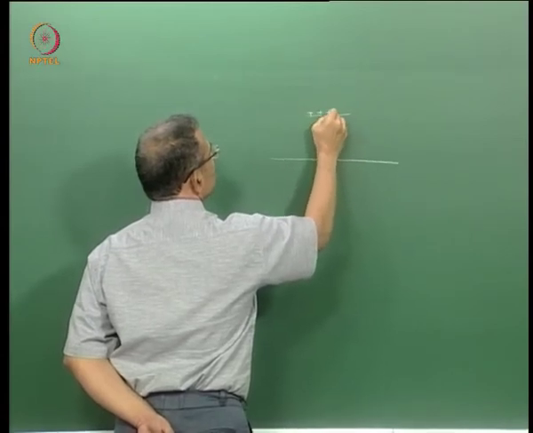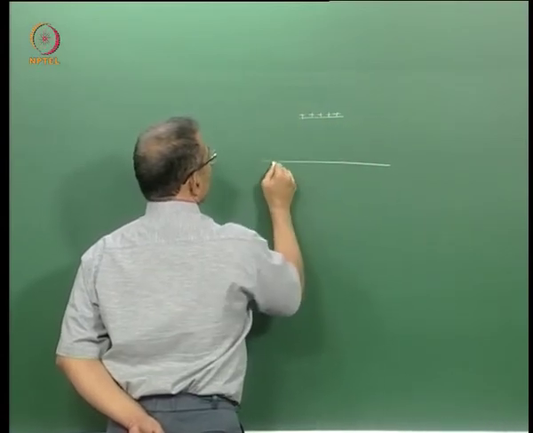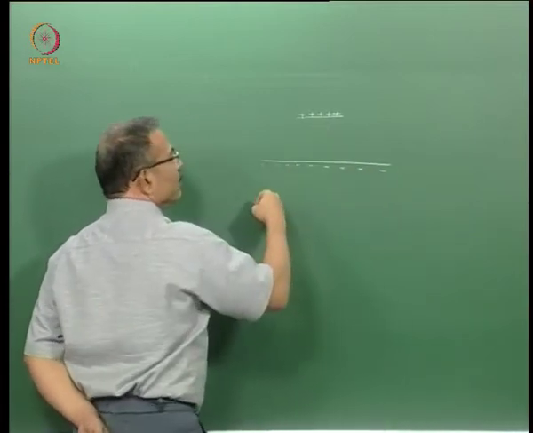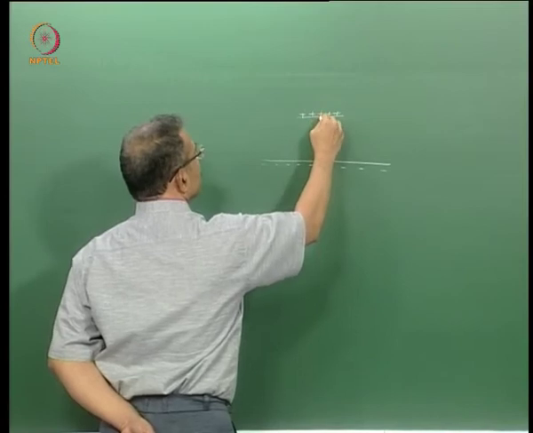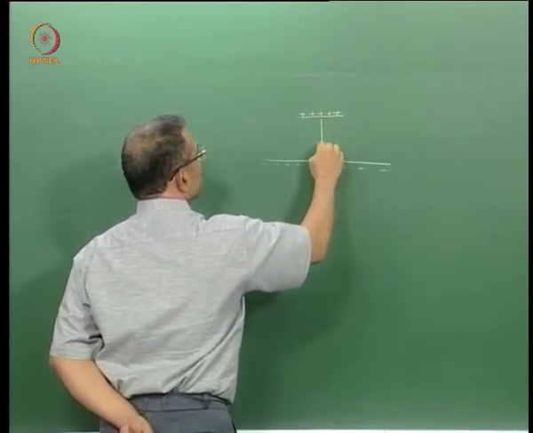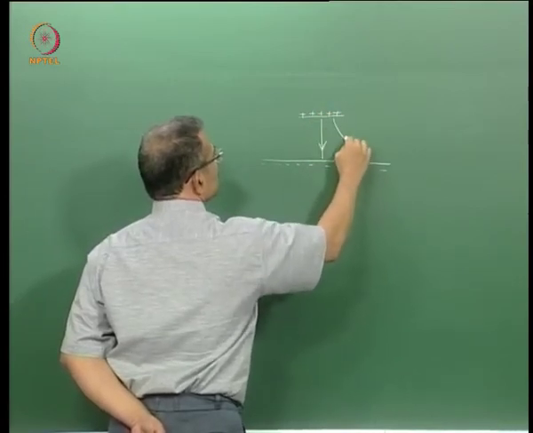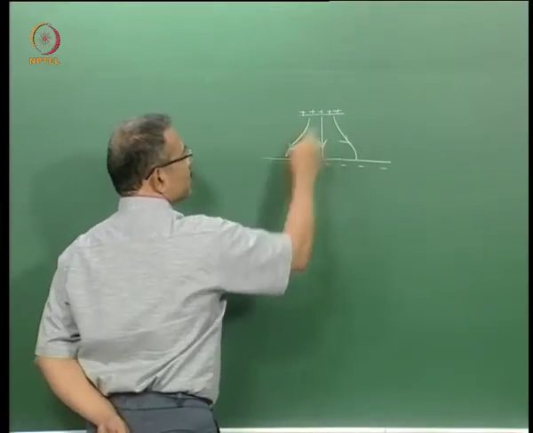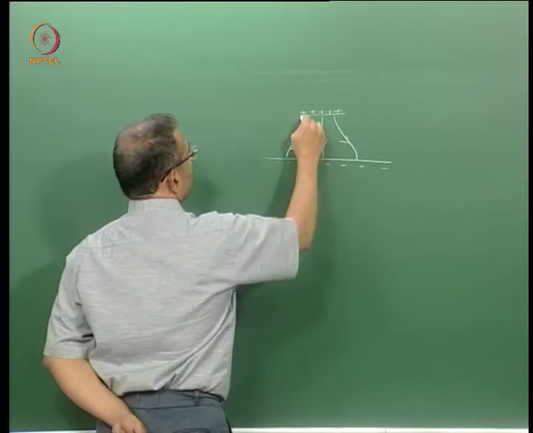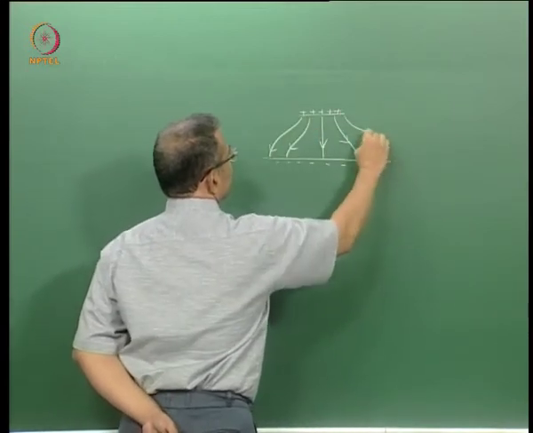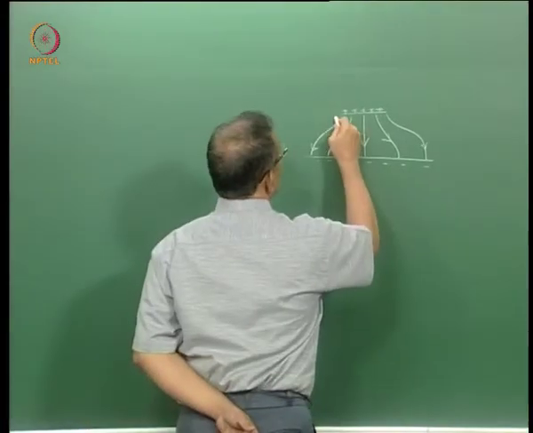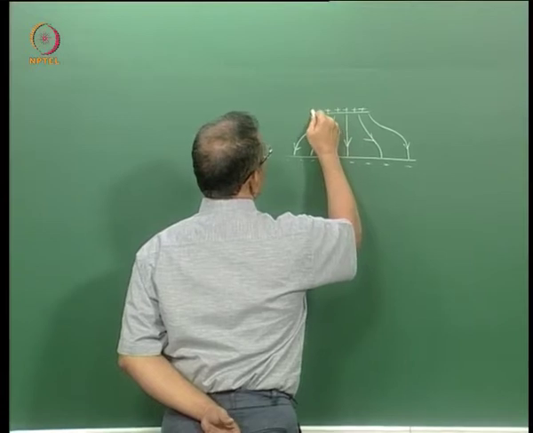So here you have positive charge and you have negative charge on this, and if you were asked to draw the field lines, they would look something like this, right? These are field lines of force. One could also draw the equipotential lines here. They would be perpendicular to the field lines at any point.